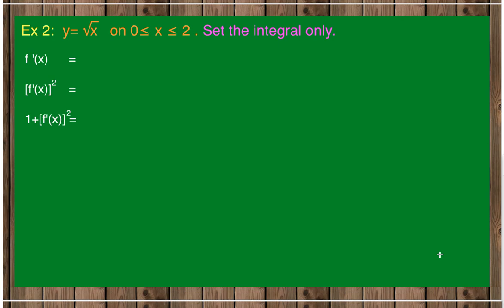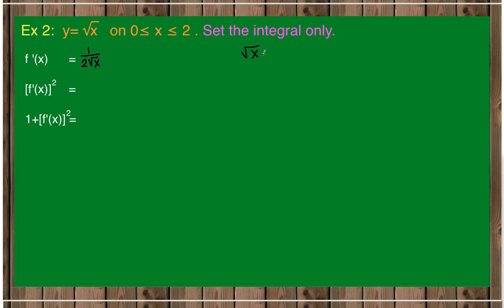In the second example, our function is square root of x, and we're going to find the arc length from 0 to 2. Actually, here we're only going to set up the integral for the arc length. We need to find the first derivative of the function. The derivative of square root of x is 1 over 2 times root x. If you don't know that by heart, you can use the power rule.